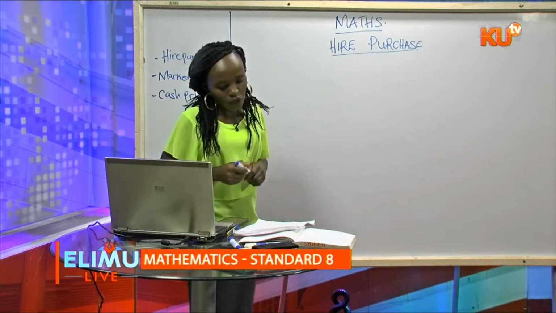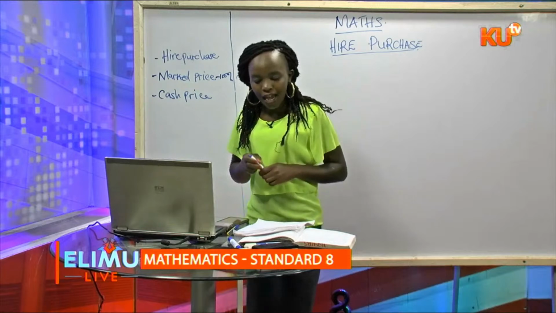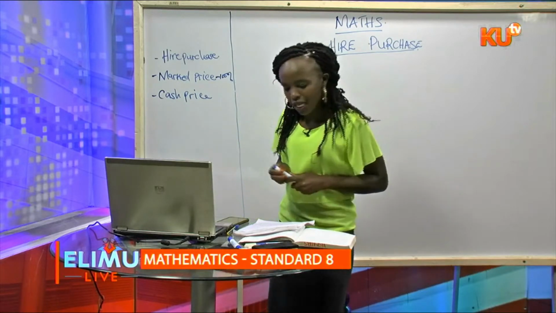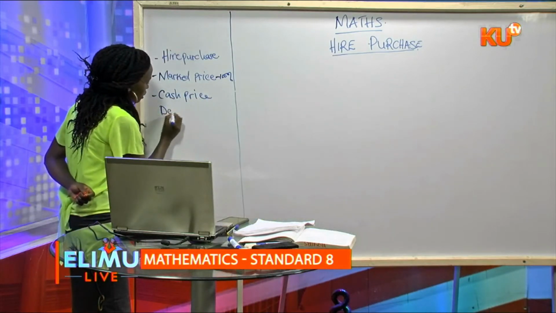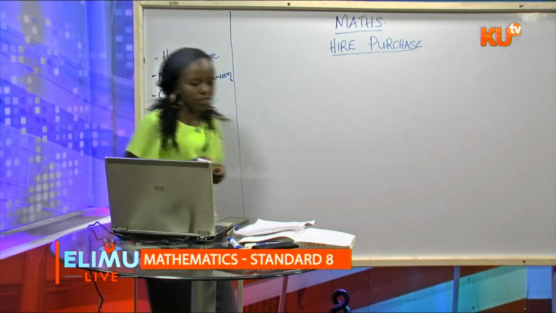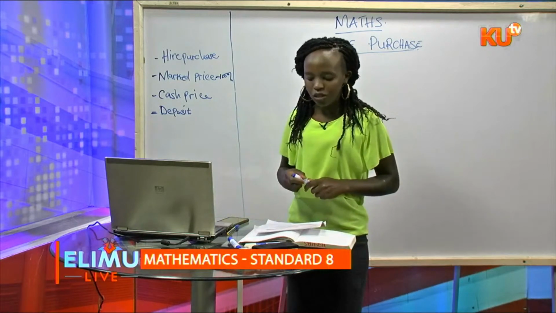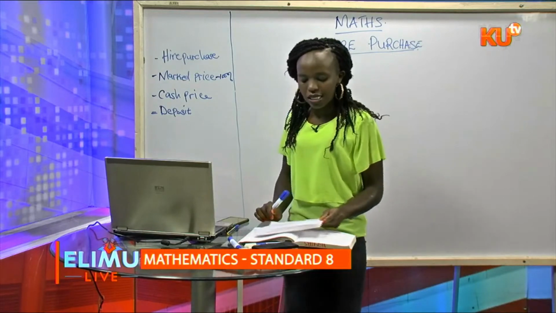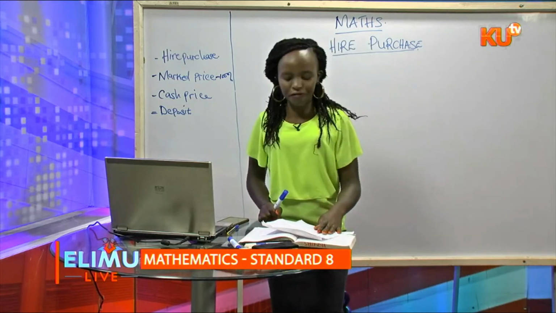We go back to our subtopic today, which is hire purchase. Hire purchase goes together with other terms, which include, number one, the deposit. Once the trader agrees to sell to a buyer on hire purchase terms, there's an amount of money that a buyer pays first.